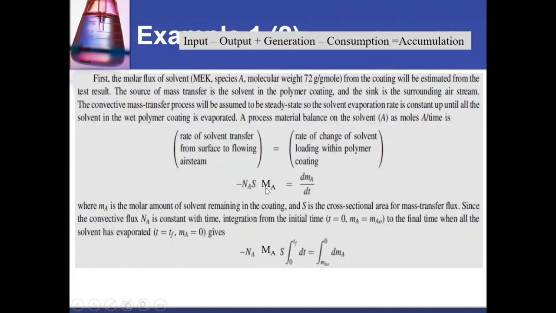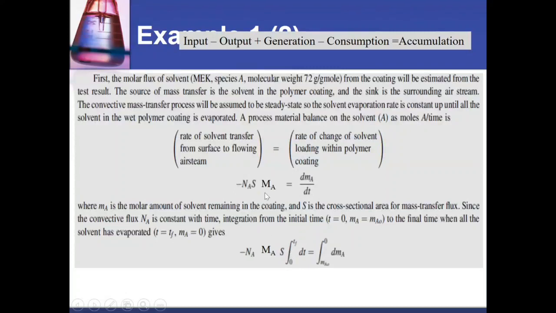So in the notes and also in the textbook, please correct this equation, it should have MA here also. So this is the output, and with the minus sign it equals dMA over dt.